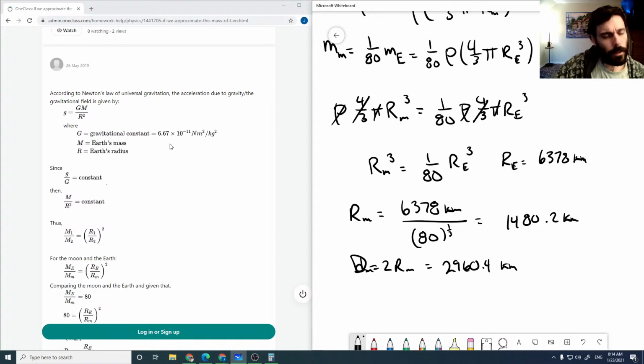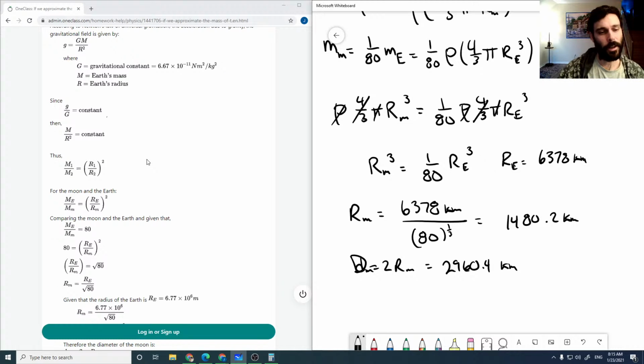looking at the solution here, g is the acceleration due to gravity. So g over g is a constant, and m over r squared is a constant, but the problem with this solution is that g over g is not necessarily the same constant for all planets or for all objects.